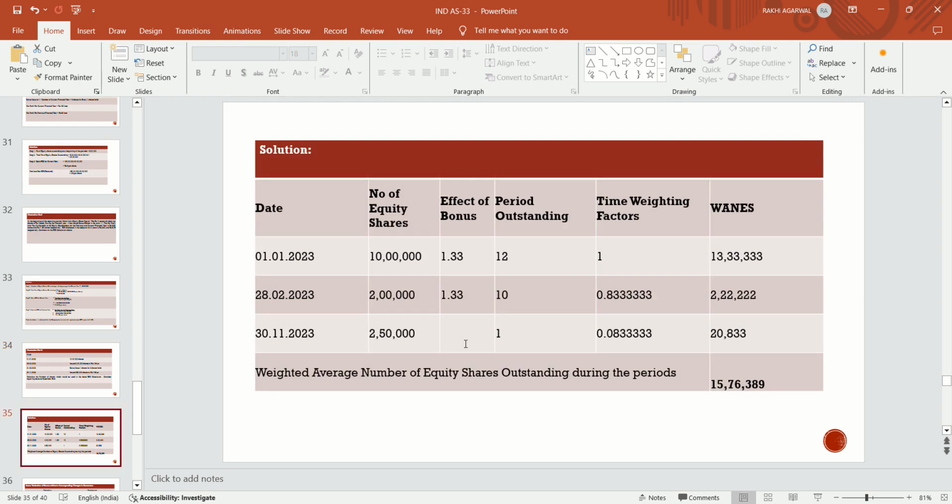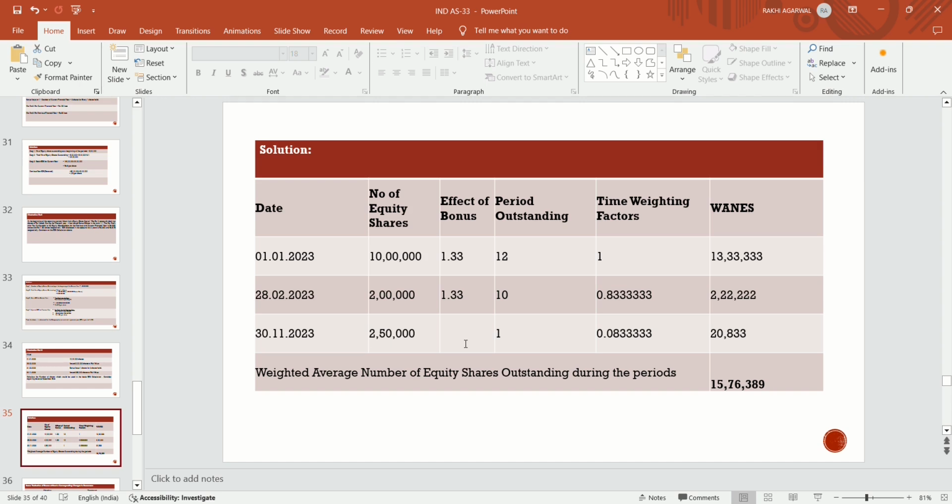No bonus effect is given because this issue is done after declaring the bonus. The period outstanding is only 1 month, so 1 divided by 12 is 0.0833, and 2,50,000 into 0.0833 becomes 20,833.